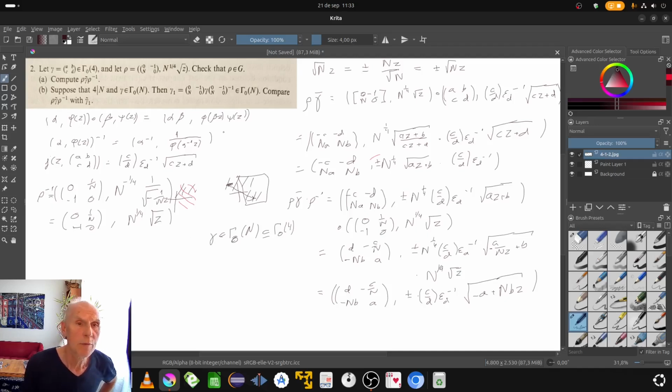So it lies in gamma naught of 4, and therefore gamma 1 tilde makes sense, and this result we already have. So I need to check that the matrix is right. Well, let's not care about that for the time being and just assume this result and find out what we will have.